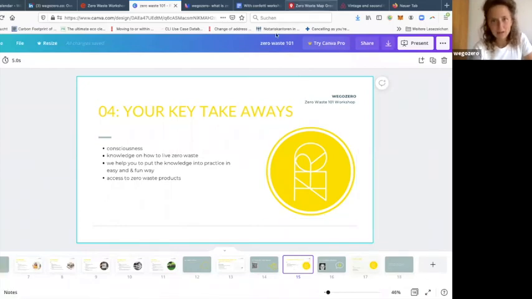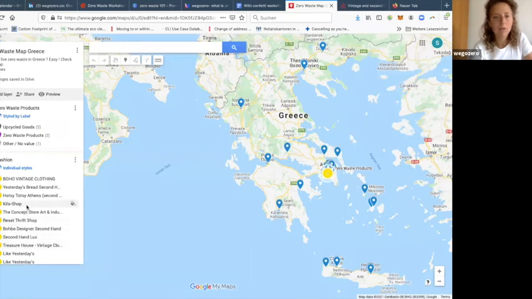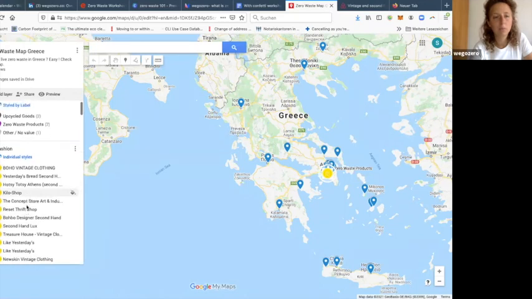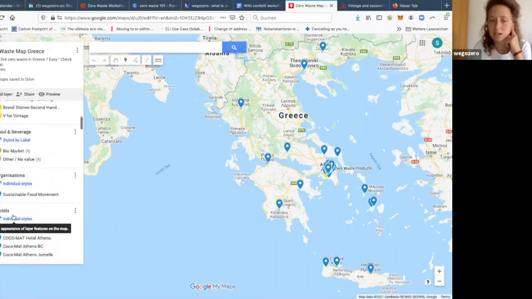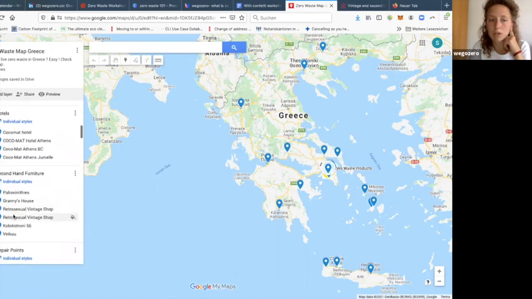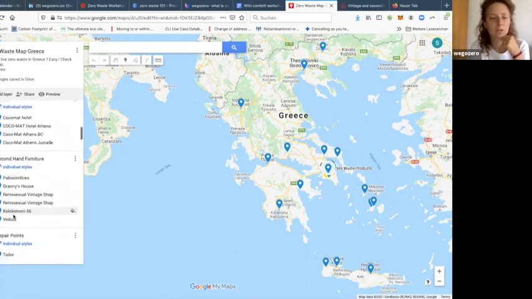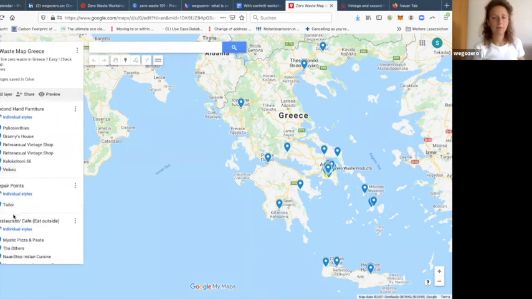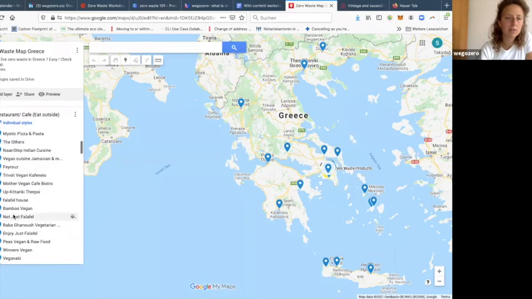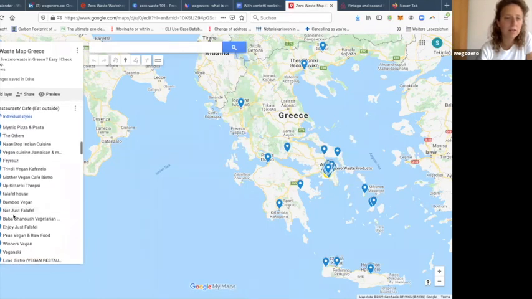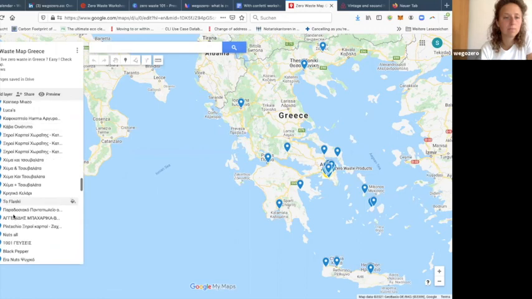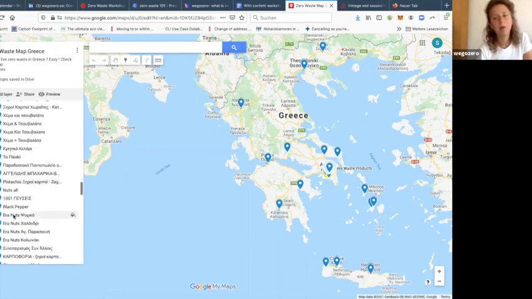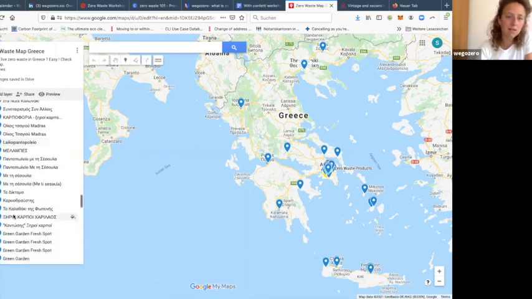And that's why we started with a Zero Waste Map Greece, where you can see where you can shop zero waste products, secondhand fashion, food and beverages, what organizations there are, what hotels are sustainable or offer zero waste options, and where you can buy secondhand furniture, where there are repair points, and even restaurants and cafes where they offer zero waste options. And also we have bulk buying options. Most of the things that we have on the map now are in Athens, but we will have a lot more points in Thessaloniki soon.